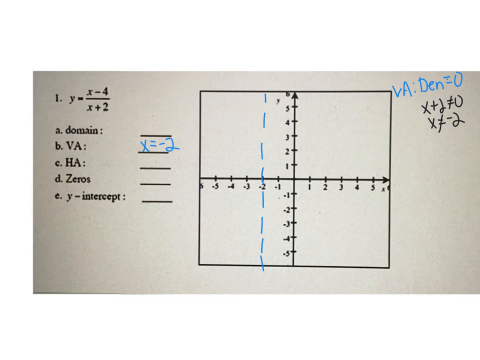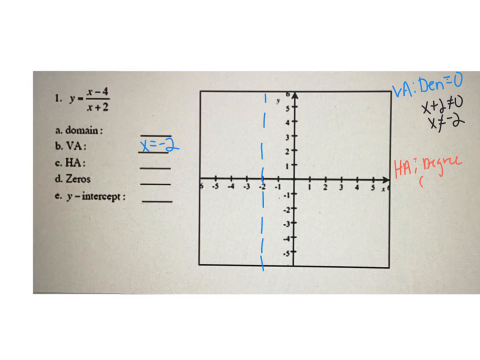So now let's look at the horizontal asymptote. For the horizontal asymptote, you look at the degree. So what do we notice about the degree? I have an x to the first divided by x to the first. That means we have the same degree.